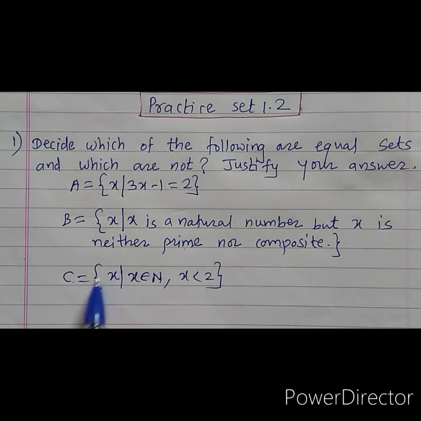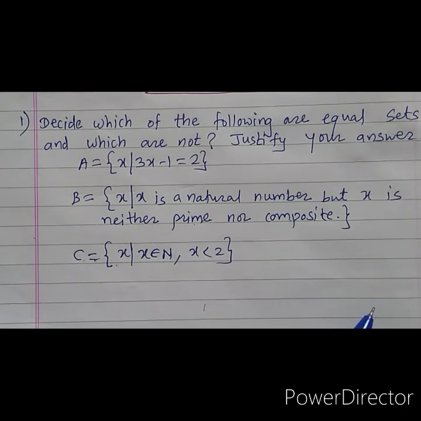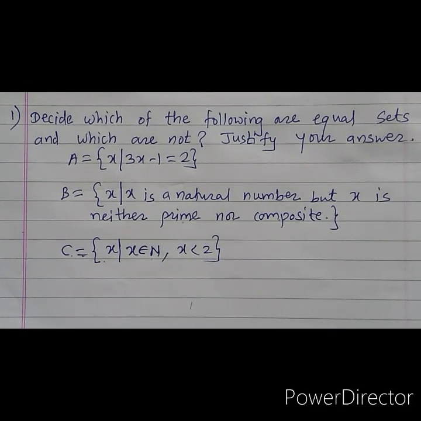And set C is given as {x such that x belongs to N, x less than 2}. Now by using these three sets we can find whether the sets are equal or not.